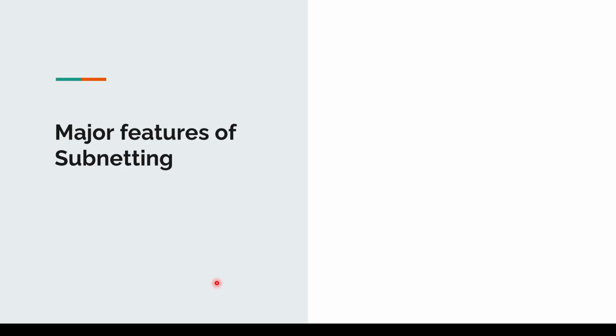Now we will be looking at some major features of subnetting, which we are going to provide hacks and tricks for in this particular video. So the first one we'll be looking at is the subnet mask. Your subnet mask gives you the interpretation of how many bits are reserved for the particular network, and then how many bits are reserved for the host addresses.